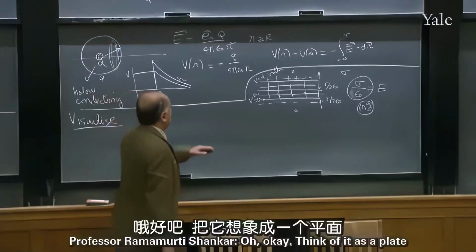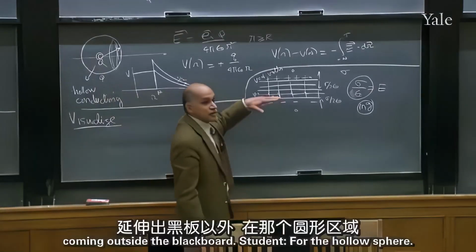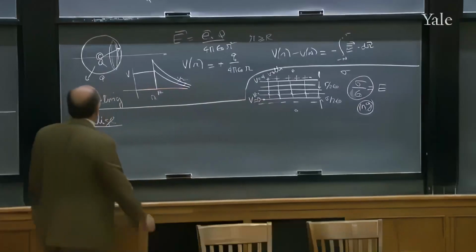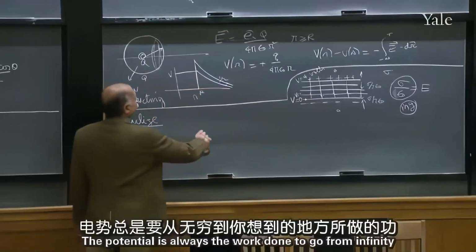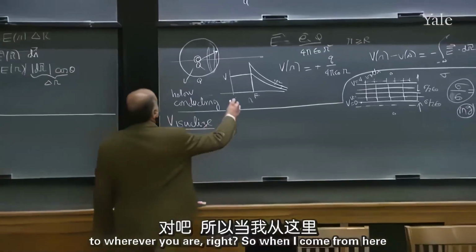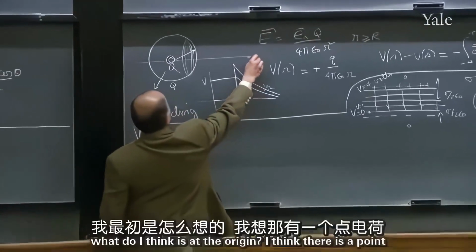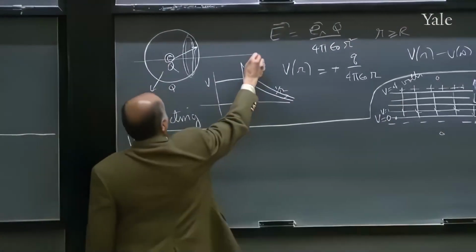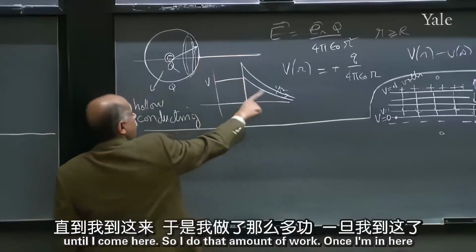Think of it as a plate coming outside the blackboard. For the hollow sphere, the potential is always the work done to go from infinity to wherever you are, right? So when I come from here, what do I think is at the origin? I think there's a point charge at the origin. So I push up against that till I come here. So I do that amount of work.